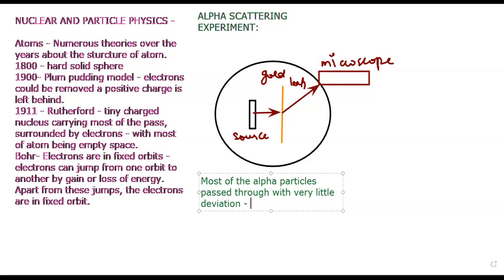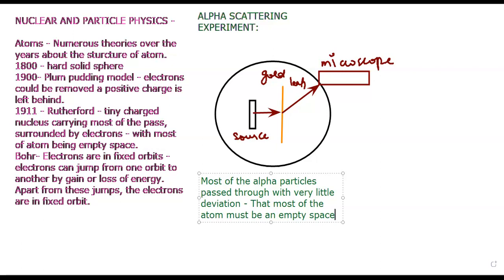So this allowed them to conclude that most of the atom must be empty space. They concluded that positive charge cannot be spread throughout the entire atom, otherwise they would not simply pass through.